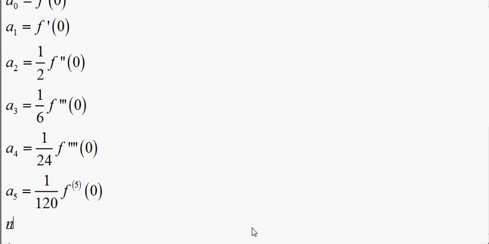It's called n factorial. The simplest way to show this is if you have 4 factorial, it just equals 4 times 3 times 2 times 1. So you basically just start from this number and multiply down until you get to 1. And it turns out 4 factorial is equal to 24, because you have 6 times 4, 24.